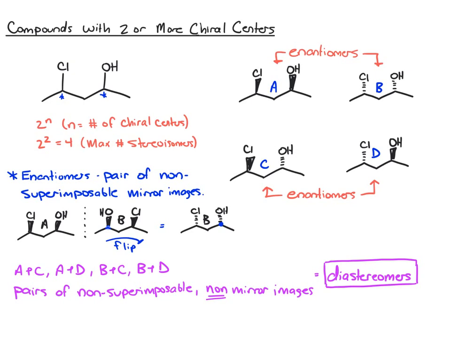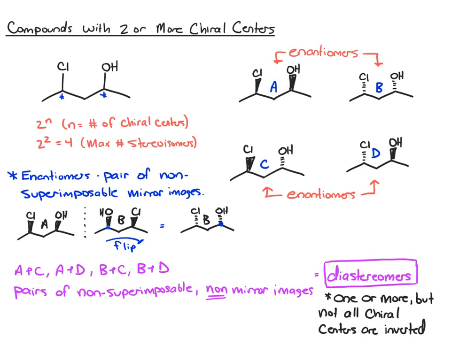In a pair of diastereomers that have chiral centers, one or more, but not all chiral centers are inverted.